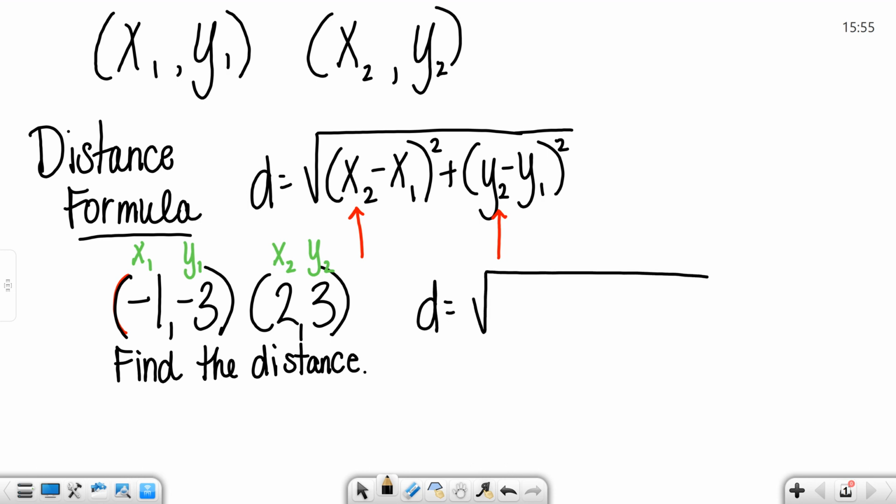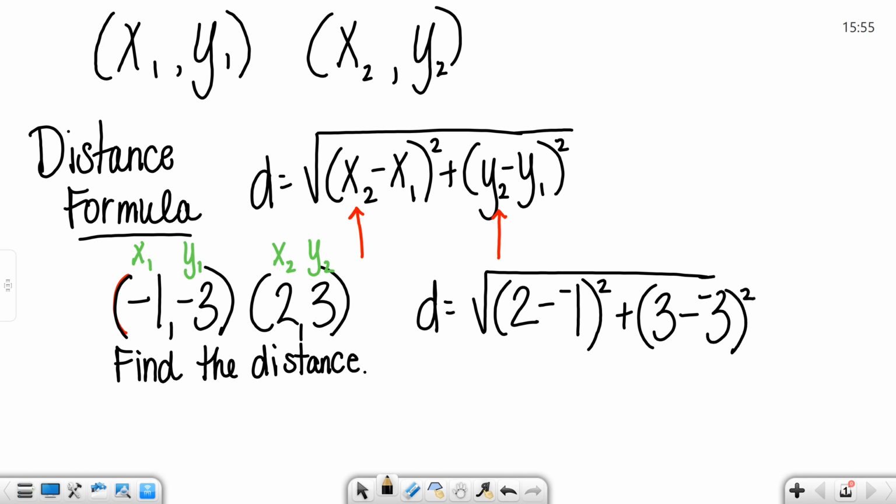The distance is x2 is 2 minus x1. So minus -1 squared plus y2 is 3 minus y1 is -3 squared.